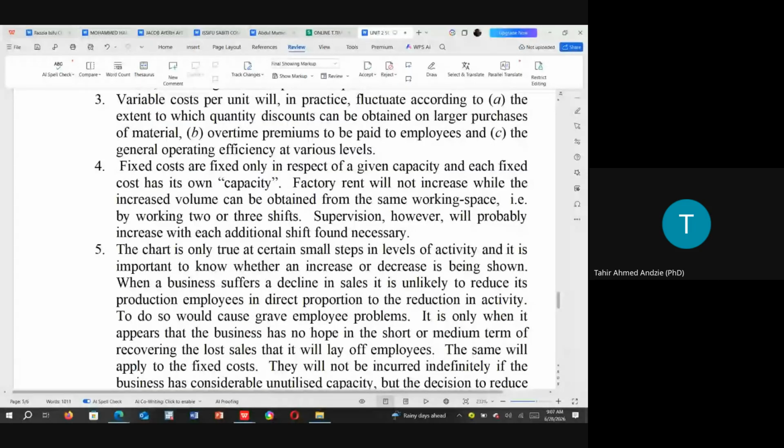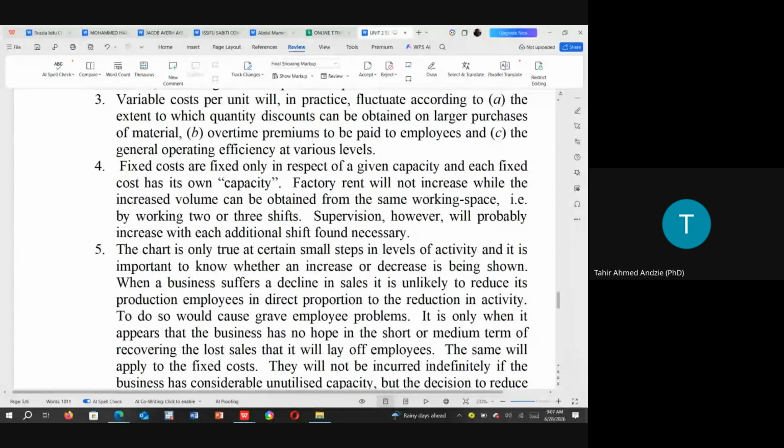So when the activity level increases beyond a certain level, fixed costs can change. The example they are making here is that when it comes to rent, that one can remain constant even if you increase activity, because we can run shifts. Workers who come in during the day will go, and the others will come in at night and work in the same building. Therefore, we can increase our capacity using the same rent.